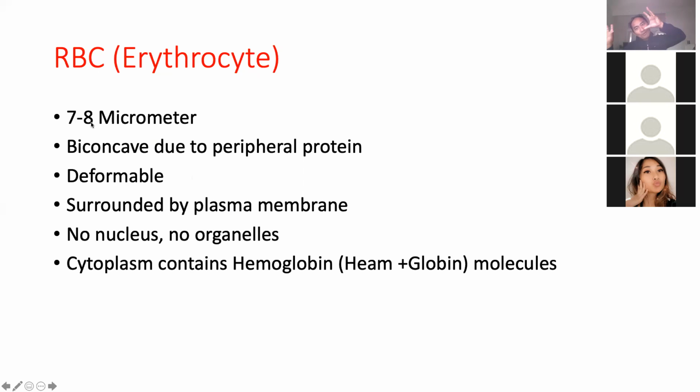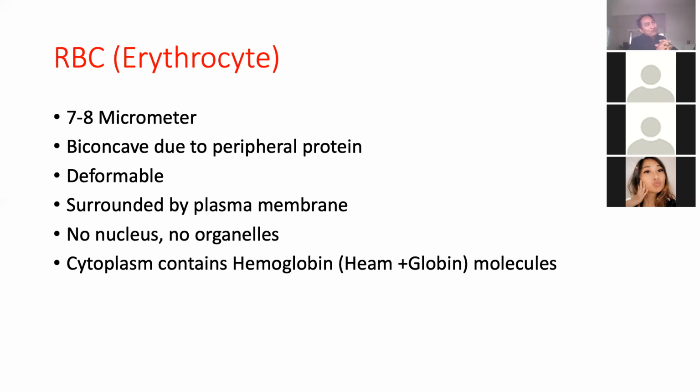So now if you go back to your capillary, the size of your capillary is just slightly smaller, like 8 to 10 micrometer. So if the RBC is going through the 8 micrometer capillary, it will be pretty tight, isn't it?